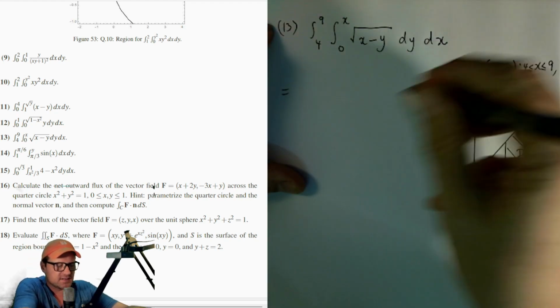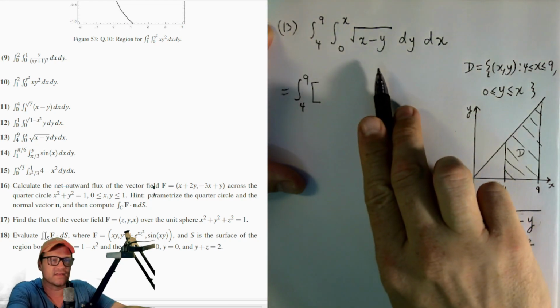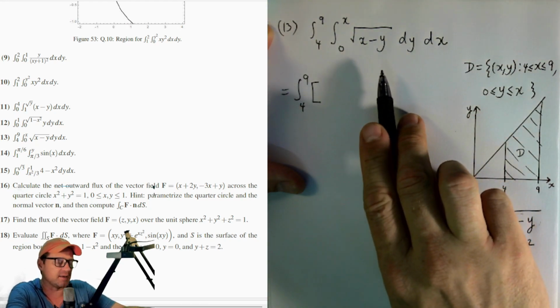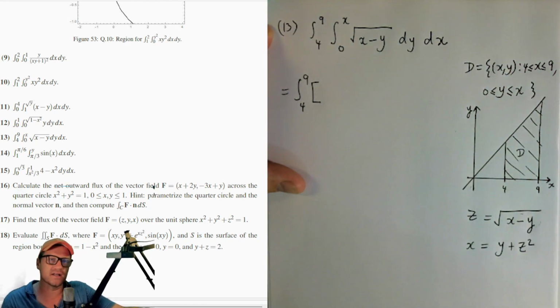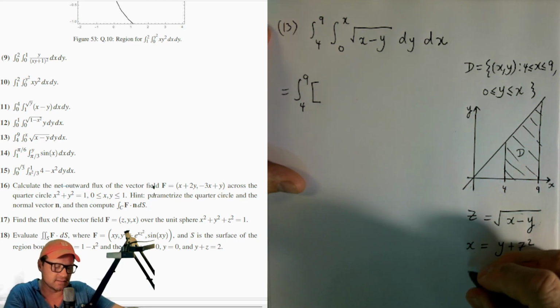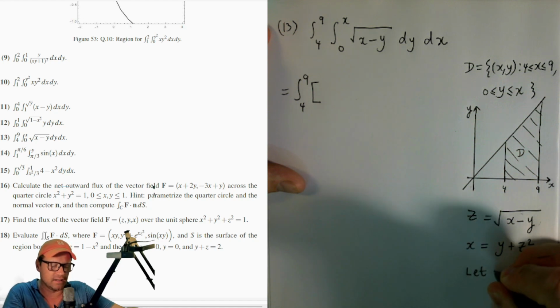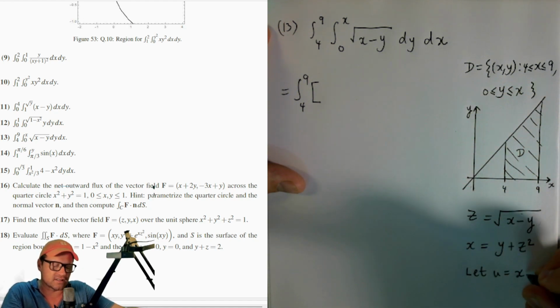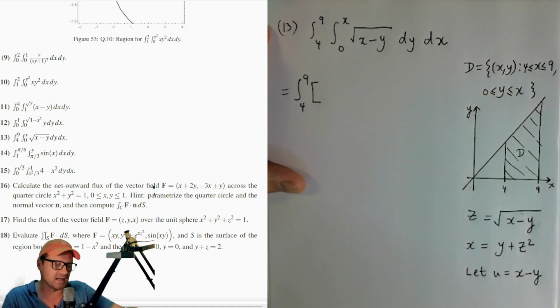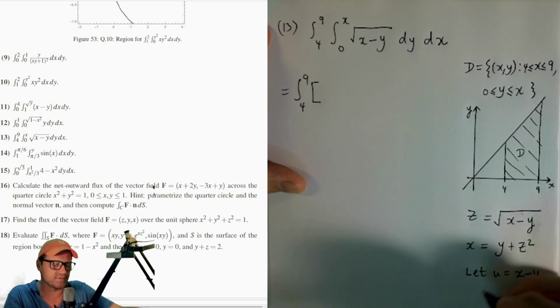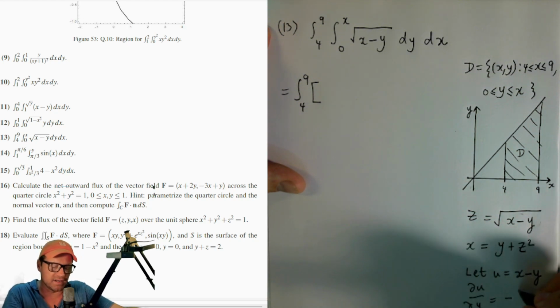So let's integrate this. So first integrating this with respect to y. Well, we write this x minus y to the power of 1/2, then letting u be equal to, so let's actually do this down here. So let u be equal to x minus y, taking the partial derivative of u with respect to y, we get minus 1.